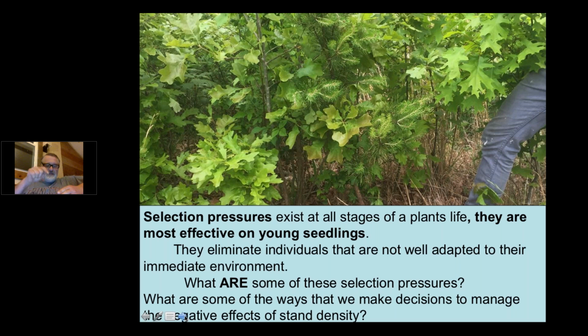I want it to be the temperature, the weather, the sun, the lack of sun, the water, the soil type, the pH. I don't want it to be competition between my crop plants, my crop trees. And crop trees for me are primarily the nut and fruit producing trees. So how do we make decisions to manage that stand density to favor our plants?